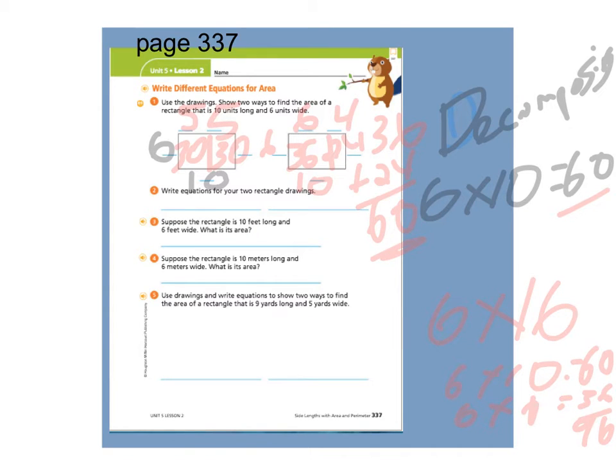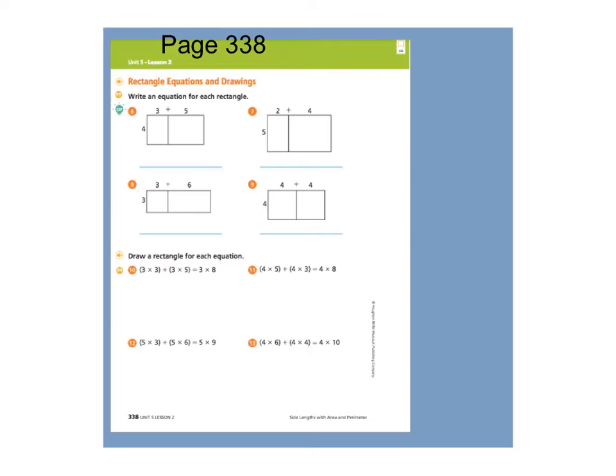All right, next page. So this one, they're breaking it apart for us. So really what it's saying is, here is a rectangle that is 4 wide, that's right here, and 5, 6, 7, 8 long. Now, for some of you, 8 times 4 is a pretty easy basic fact. 8, 16, 24, 32.